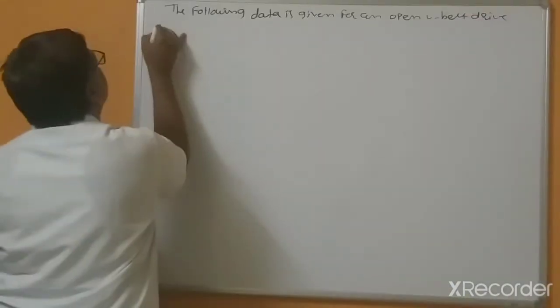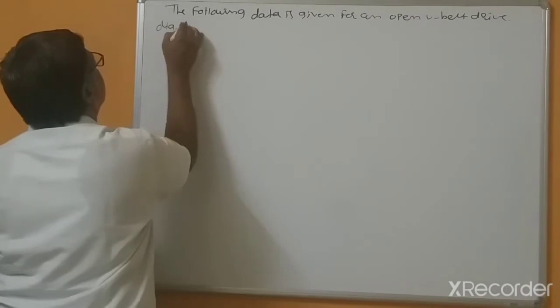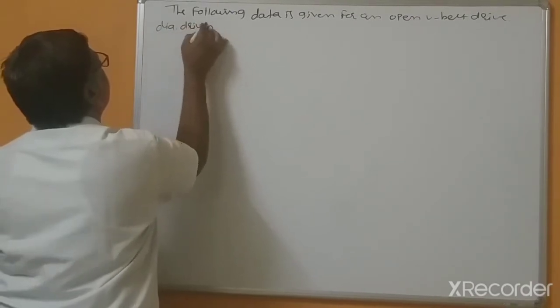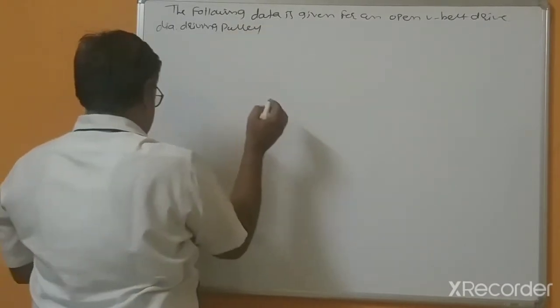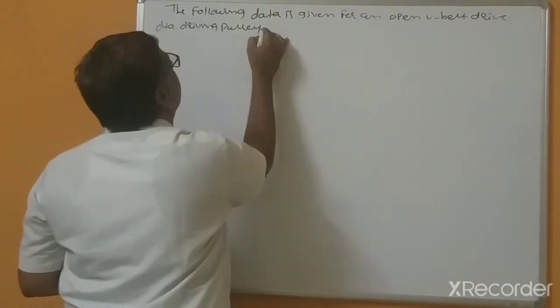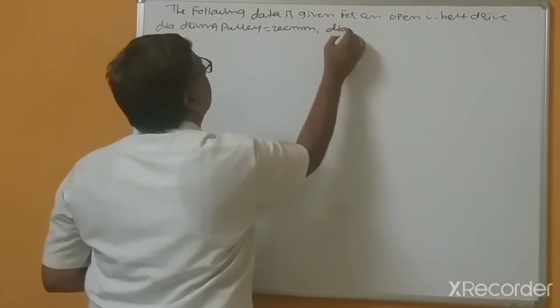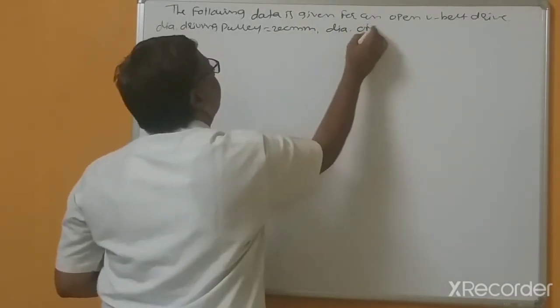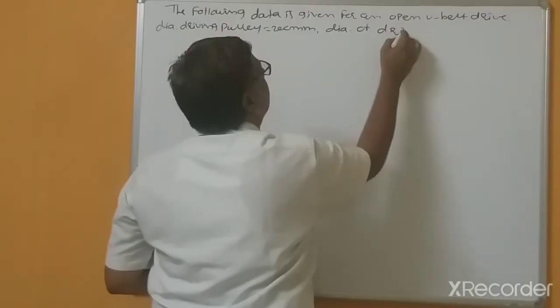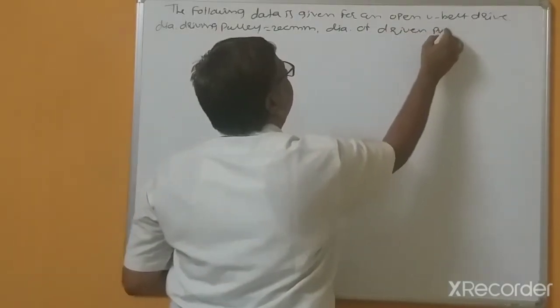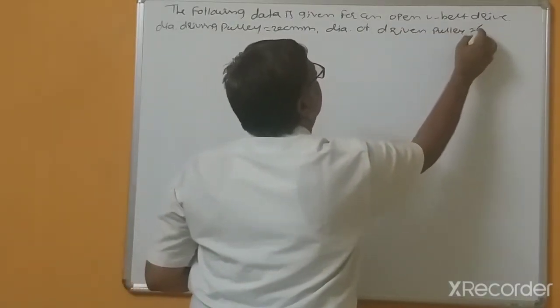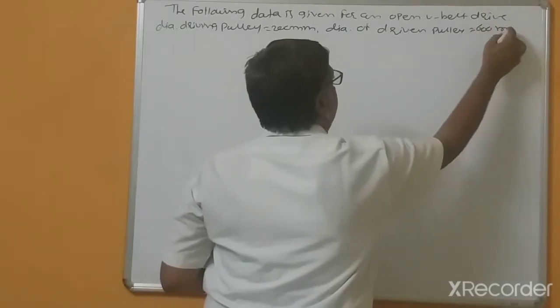Diameter of driving pulley equal to 200 mm. Diameter of driven pulley is equal to 600 mm.